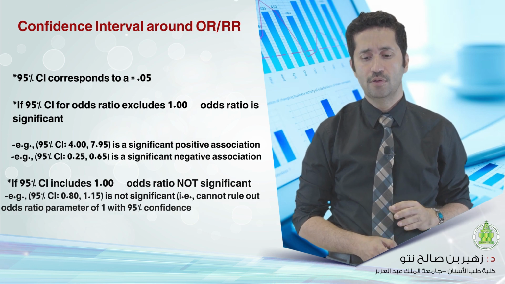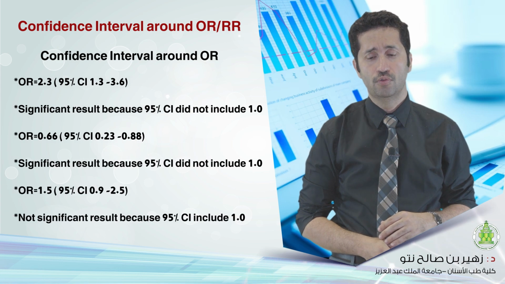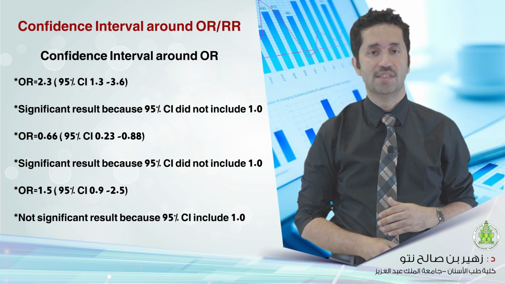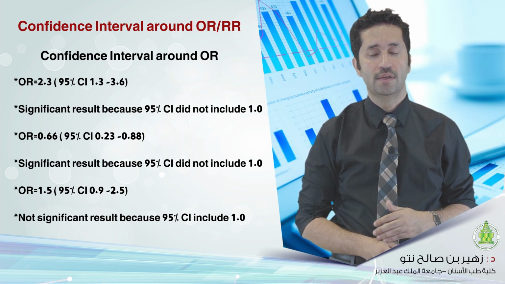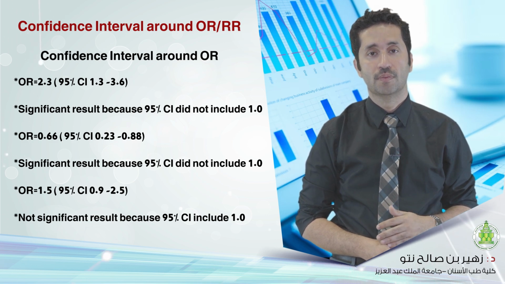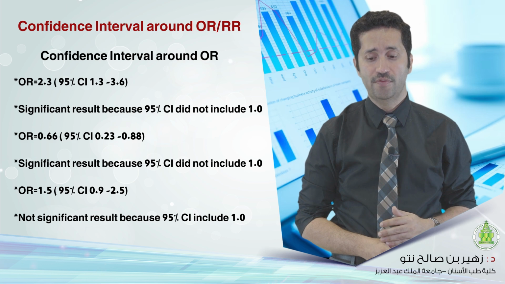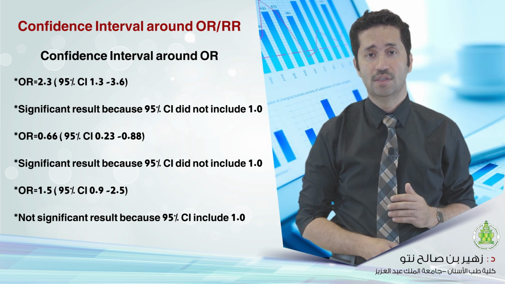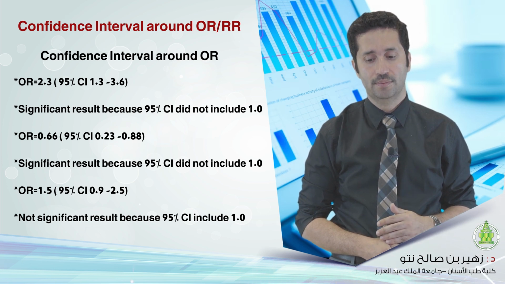So let's see those examples. Odds ratio 2.3, confidence interval ranging between 1.3 and 3.6. It means the first group is higher than the second group by 2.3 times. The confidence interval ranges between 1.3 and 3.6, which means the result is statistically significant because it does not include 1.